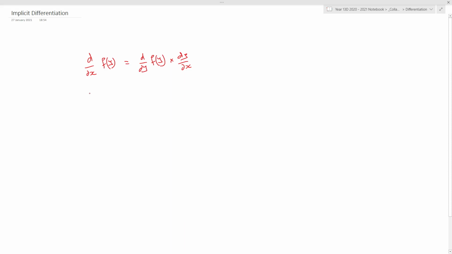It's written like this: d over dx of f of y is equal to, if we differentiate that with respect to y, we get f dash y dy over dx. And that's what forms the basis of what we're going to be looking at today.